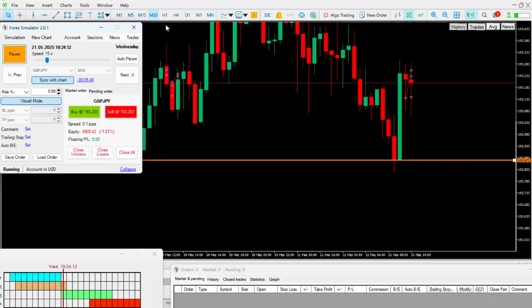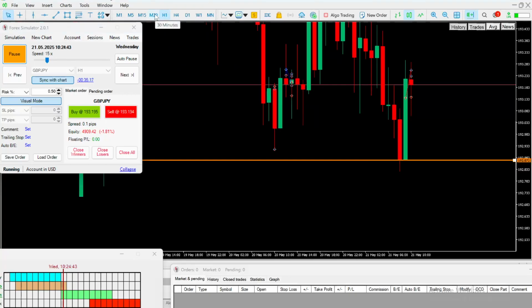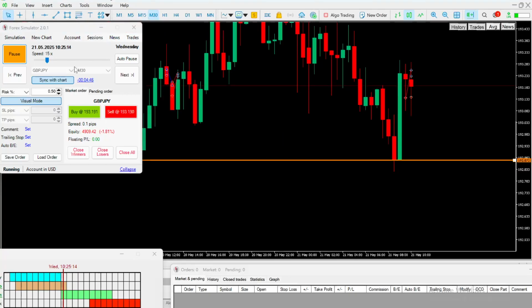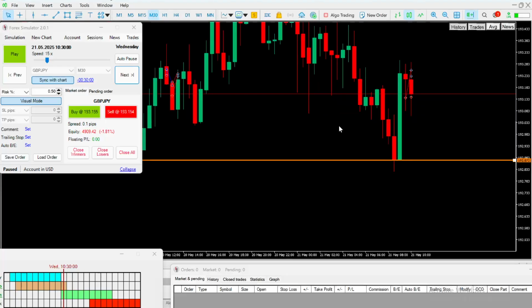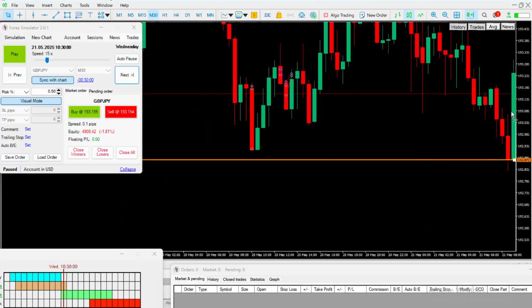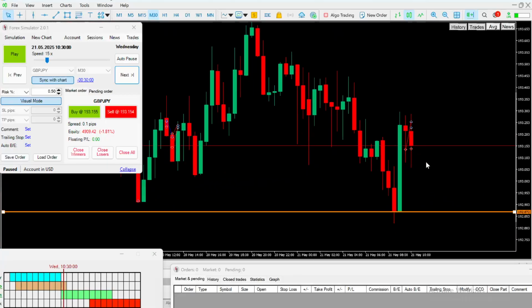This is not easy price action. It's not an easy price action. I mean, what would you do here? The 30 has closed. I mean, I don't know, really. We're down 1.8%.